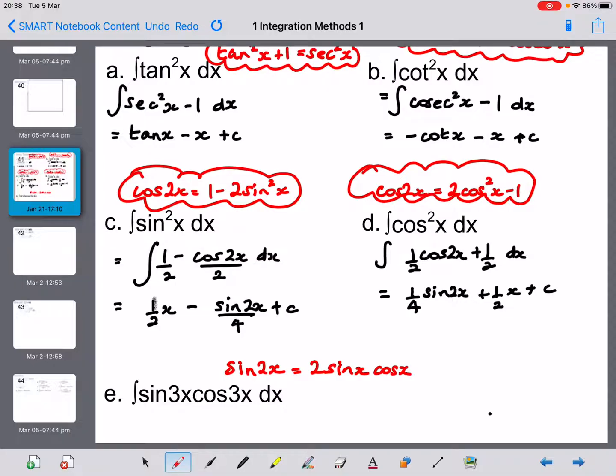Okay, so remember there's a 2x there and a 1x there. So if there's a 3x there, then we'll need a sine 6x. But there isn't a 2, which means we need to half that. So that's what we're going to integrate.